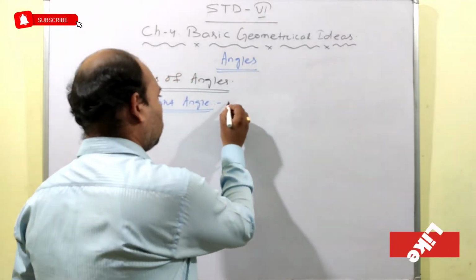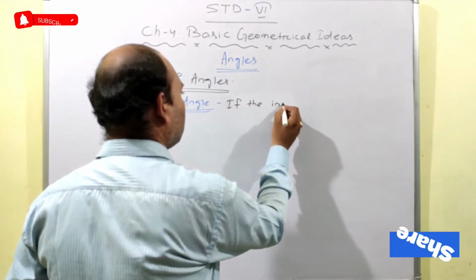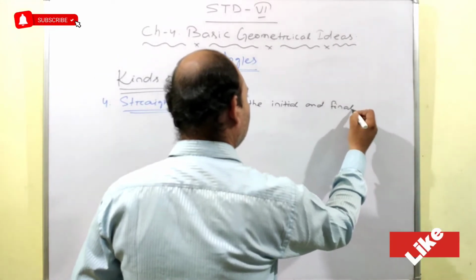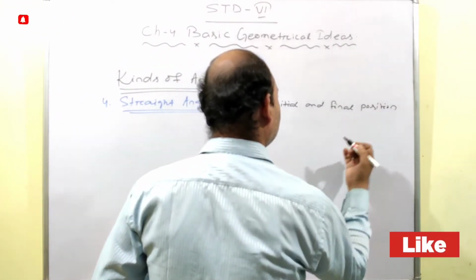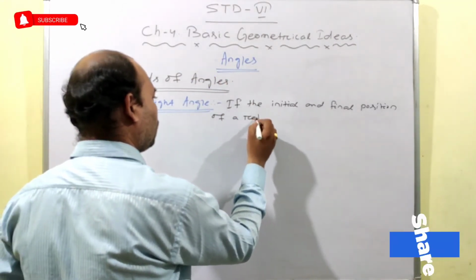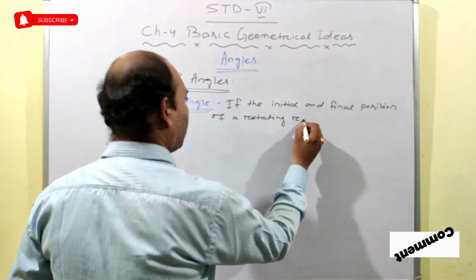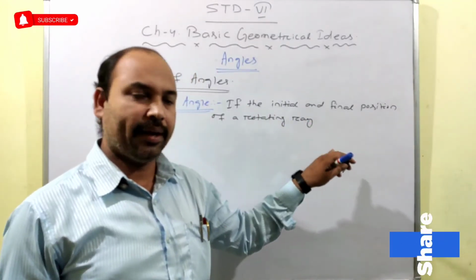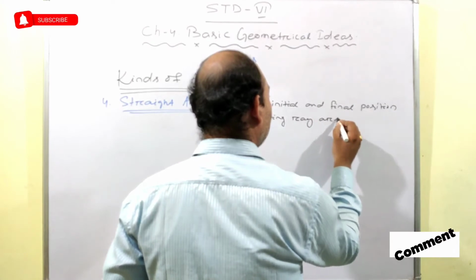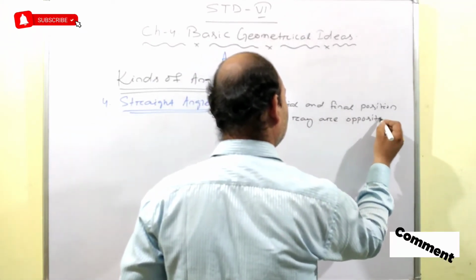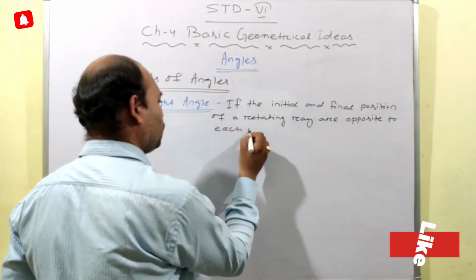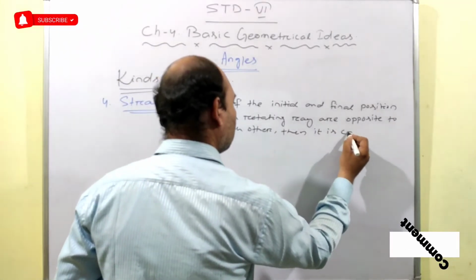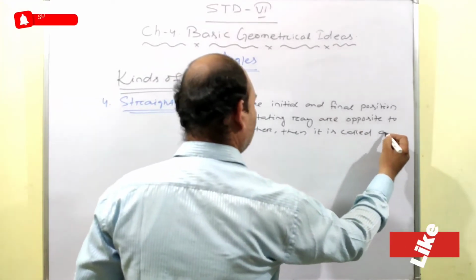If the initial and final position of a rotating ray are opposite to each other, then it is called a straight angle.